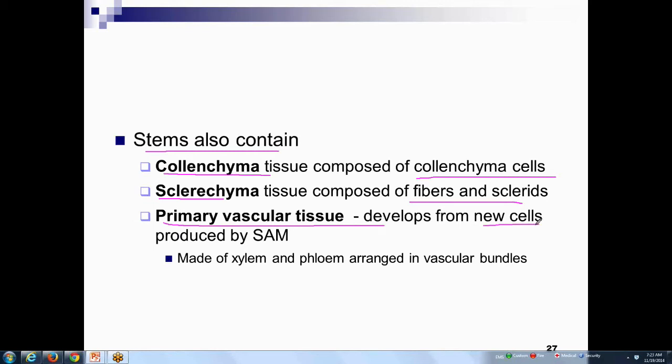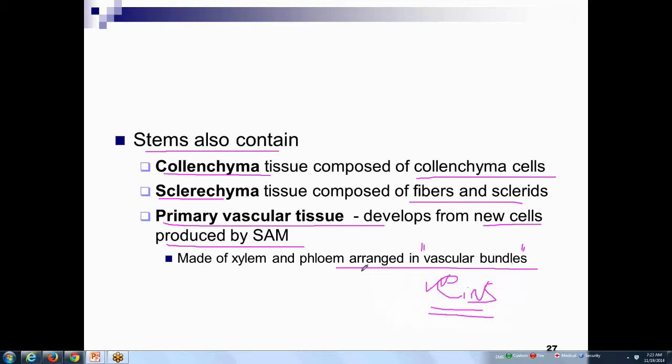Then we have primary vascular tissue. This develops from new cells produced by the shoot apical meristem. So we finally get our primary vascular tissue, our xylem and our phloem. Remember, the xylem and phloem are typically bundled together in veins called vascular bundles. Vascular bundles are simply veins, and they have both xylem and phloem bundled together inside.